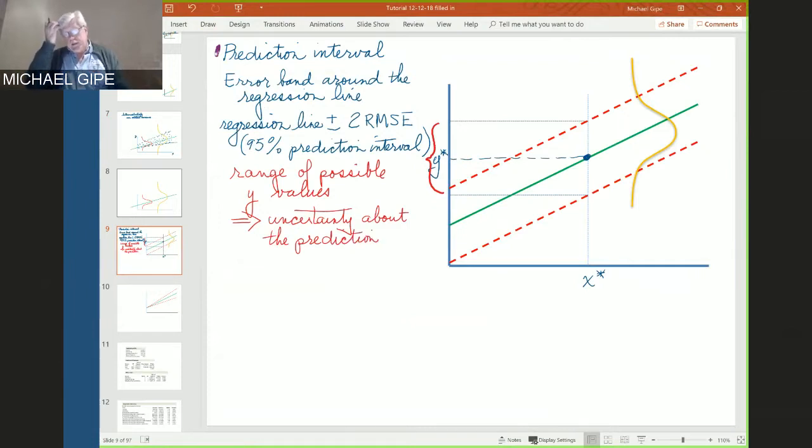So we can say if we have a new value of x that we want to predict the corresponding y for, we plug it into our regression model, come up with a value of y, and we can say that with 95% confidence, the true value of y will be within this range of the predicted value plus or minus 2 RMSE.